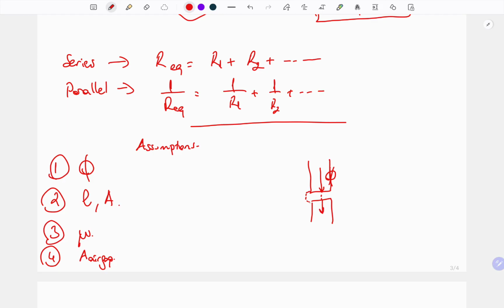So the area will be bigger during this transfer from up to down. In terms of assumptions, this bigger air gap cross-sectional area can be neglected, and it can be accepted as equal to the core cross-sectional area.